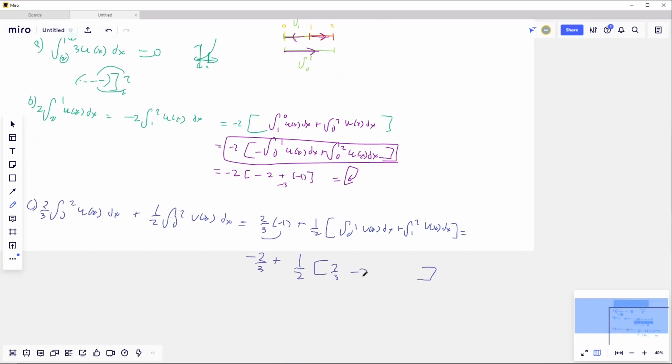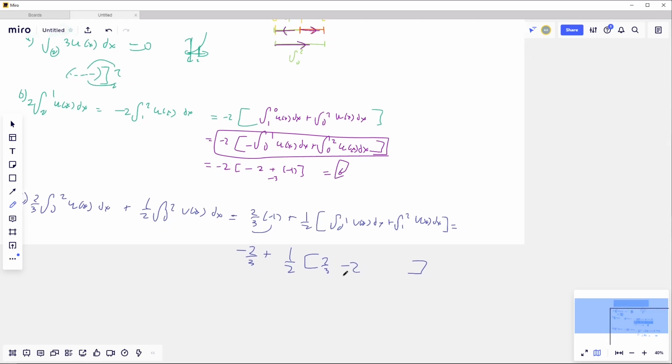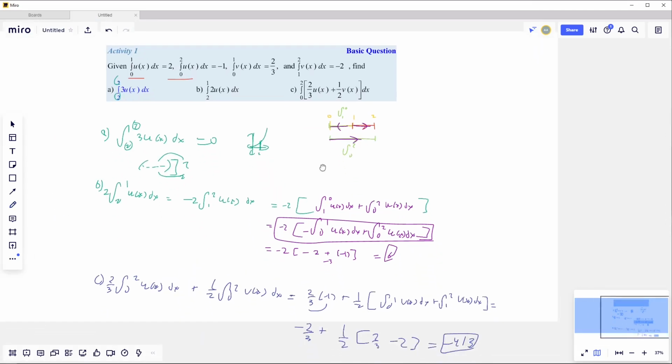So here it's actually minus 2, because plus minus, I don't want to write the plus, so minus 2. If you do the calculation, you get 2 over 3 minus 2, you get minus 4 over 3 times half, and minus 2 over 3. You get minus 4 over 3. Final answer for the limit. And you're pretty much done for this question.